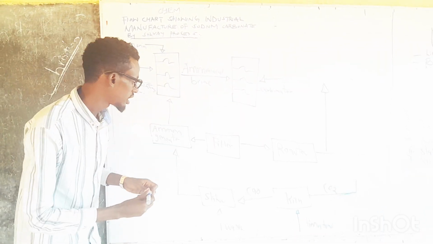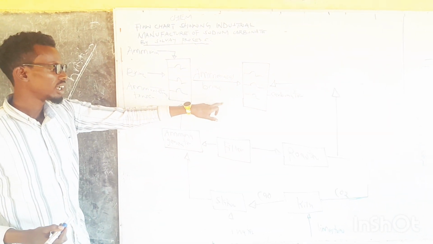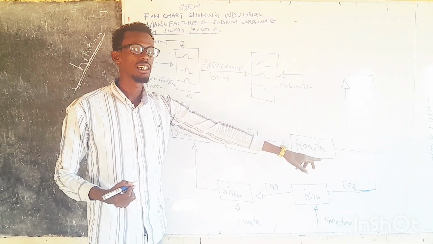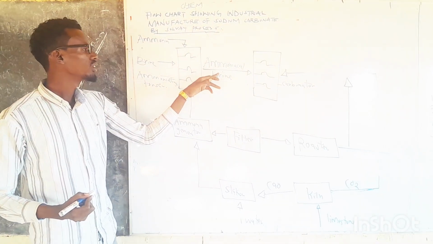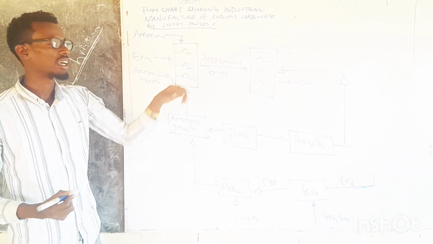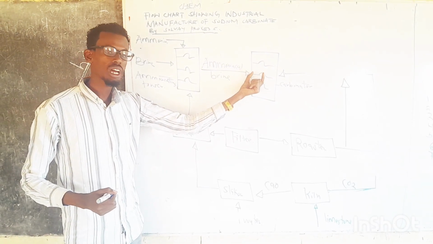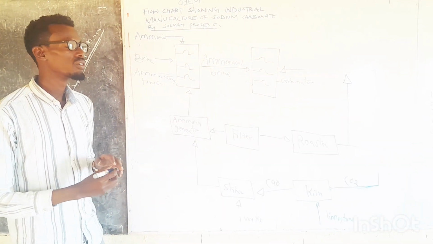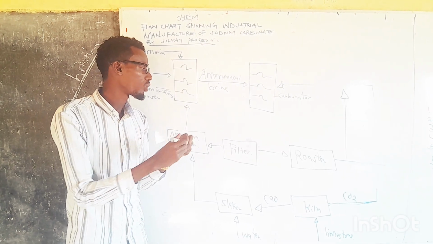In the carbonator, carbon dioxide from the kiln is pumped from the base, and it mixes with the ammoniacal brine. Therefore, we have ammonia, concentrated sodium chloride, carbon dioxide and water. When they mix, they form sodium hydrogen carbonate and ammonium chloride.